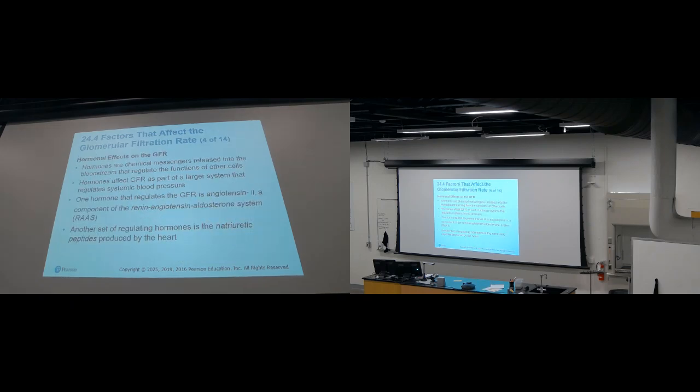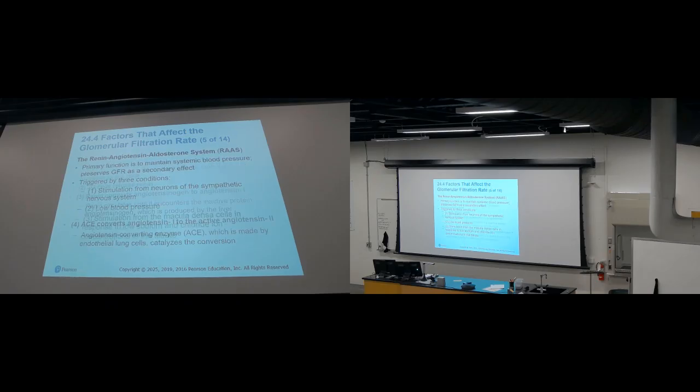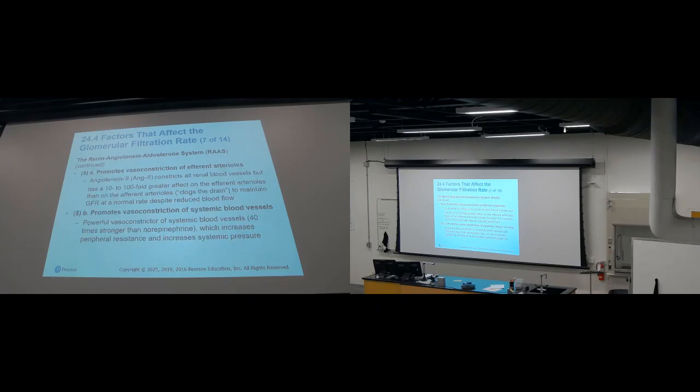And then we saw before the renin-angiotensin-aldosterone system, in which angiotensin is converted into angiotensin 1 by this enzyme, angiotensin converting enzyme, in your lungs, and that will be a powerful vasoconstrictor, the angiotensin 2, that is going to lead to the increase of the blood pressure, and it's going to stimulate the release of aldosterone by your adrenal gland.